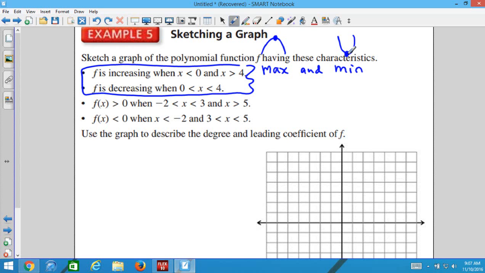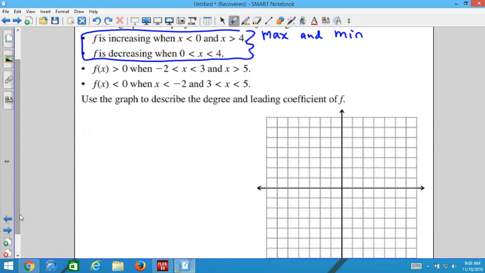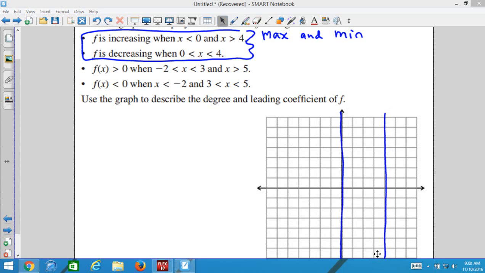So what I'm going to do with my graph, when I see things that have to do with max and min, I'm going to separate my graph by putting a vertical line where x is 0 and where x is 4. I'm going to kind of separate it into chunks.